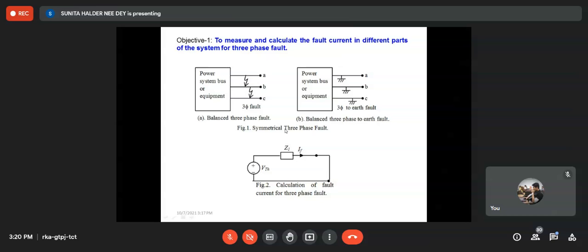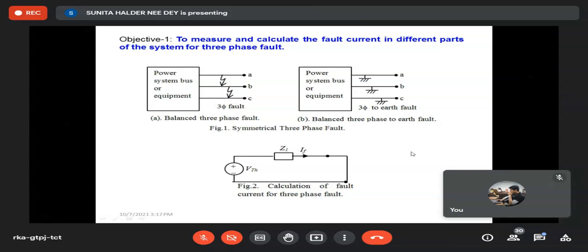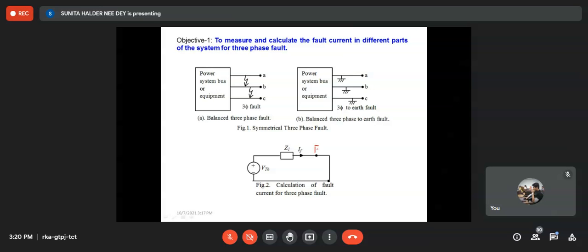So how do we calculate this fault current? We have learned this in our power system performance classes. So we identify the fault point. If this is the fault point, then at first we draw the sequence network, the reactance diagram. Then we connect that fault point to ground, and we can calculate the current from the fault point to ground.